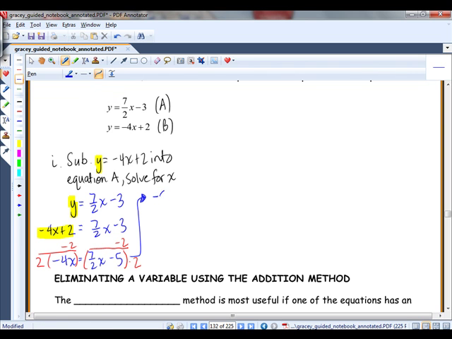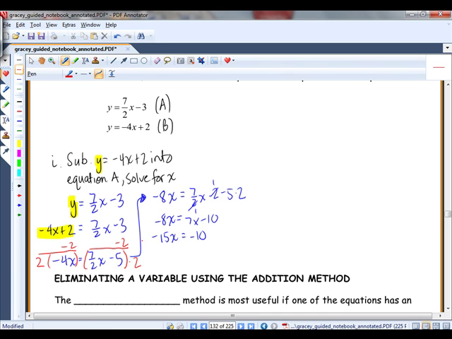So this will yield a result of negative 8x is equal to 7/2 x times 2, and then minus 5 times 2. We'll get negative 8x is equal to, this 2 will divide out and we'll get 7x minus 10. Subtracting 7x from both sides, we'll have negative 15x is equal to negative 10.